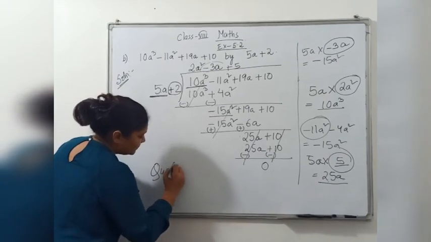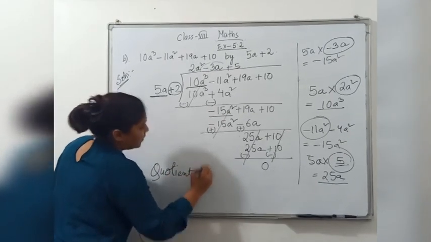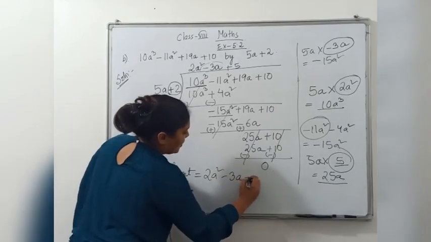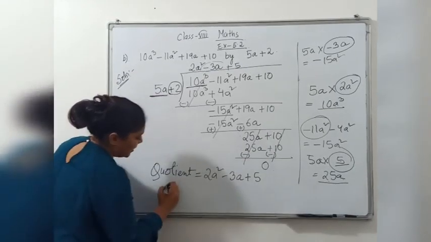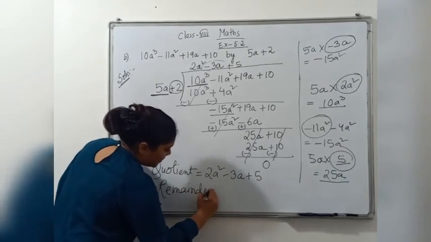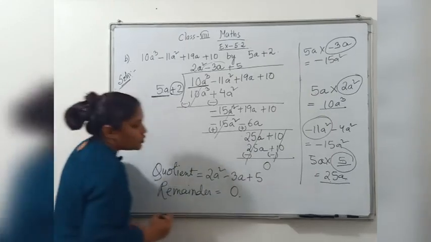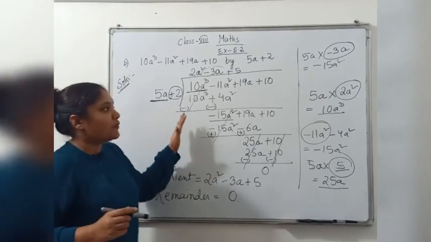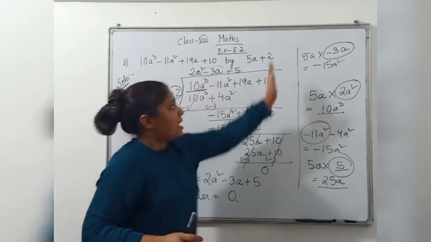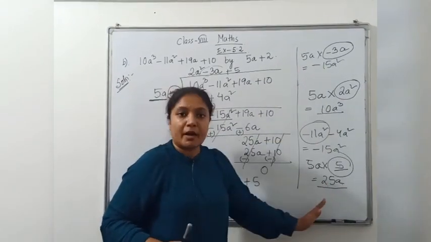Quotient equals to, what is your quotient? 5a square minus 3a plus 5, and remainder is 0. Students, it is very easy if you understand the concept, and if you find it difficult while doing it directly, make a rough column and solve here.